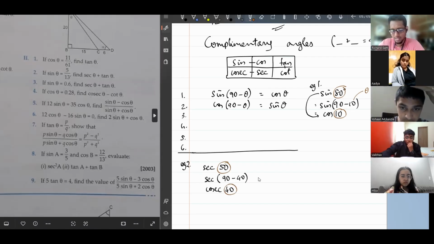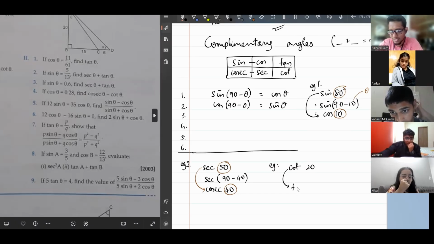So your question and answer, when you add the numbers, you will always get 90, and the sec will change into cosec. See here, sine changed to cos. So now you can tell me the same thing in one step. For example, if I say cot 20, what will cot 20 become? Tell me the last step.